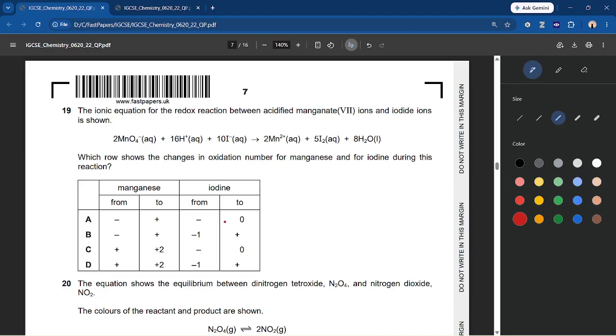The ionic equation for the redox reaction between acidified manganate ions and iodide ions is shown. Which row shows the changes in oxidation number for manganese and for iodine during this reaction? So let's take a look at what's going on. For manganese, oxygen is -8, and because this has an overall charge of -1, manganese will be +7. Then it ends up having a charge of +2.